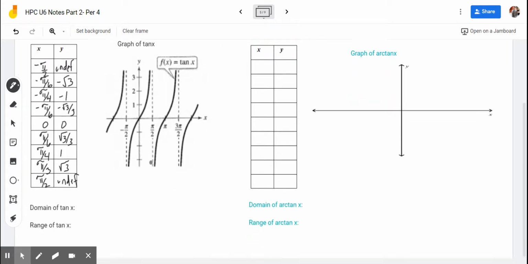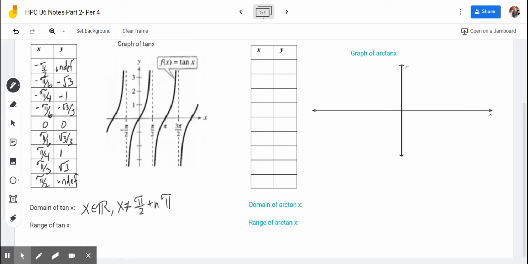Our original domain for tangent was all real numbers except x cannot equal pi over 2 plus n pi. That was from the previous Jamboard where we talked about the restrictions to the domain.